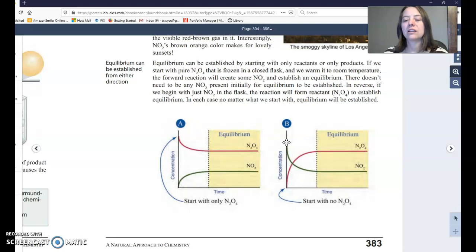So some of the nitrogen dioxide would form a chemical reaction and form dinitrogen tetraoxide, and then it would level off, and you can see it's at the same level as before. And then some of the dinitrogen tetraoxide would form, and then it would level off, and it would be at the same level as before.